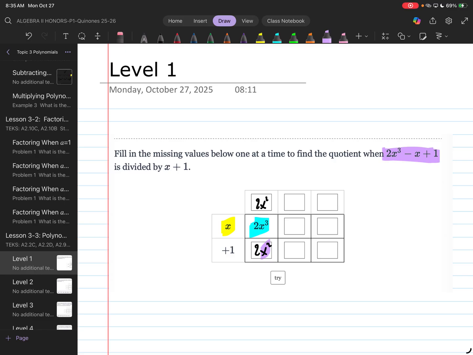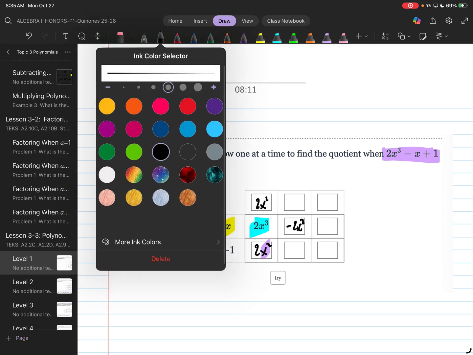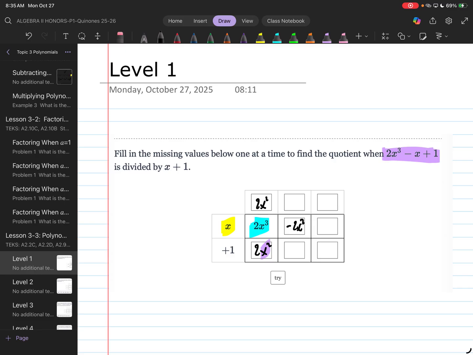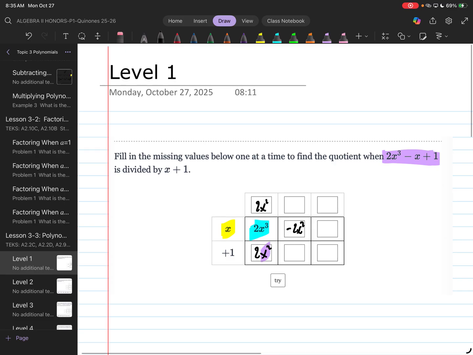No. So we have to get something to cancel it. So we know that this has to end up being negative 2x squared in order for them to cancel. Correct? Yes? Well, what times x will give me negative 2x squared? That is negative 2x.